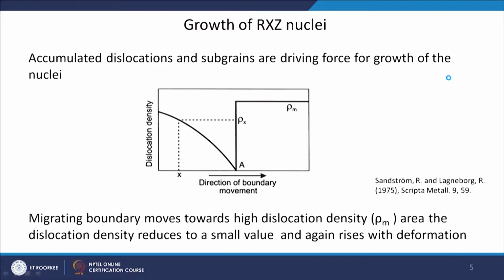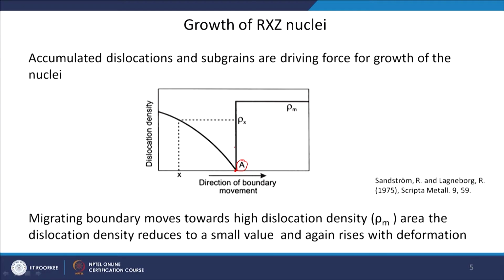Now, growth of recrystallized nuclei. If you see the schematic diagram, at A is the newly formed recrystallized grain, the boundary of which is growing. In terms of dislocation density, where this grain boundary is, the dislocation density is very low.